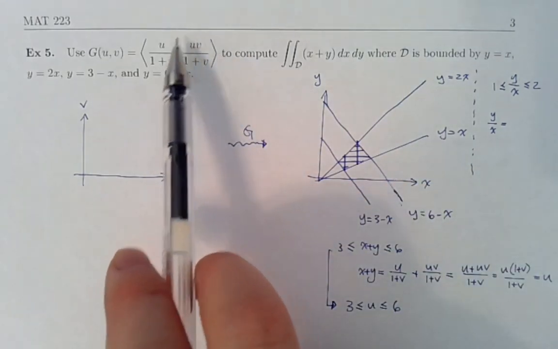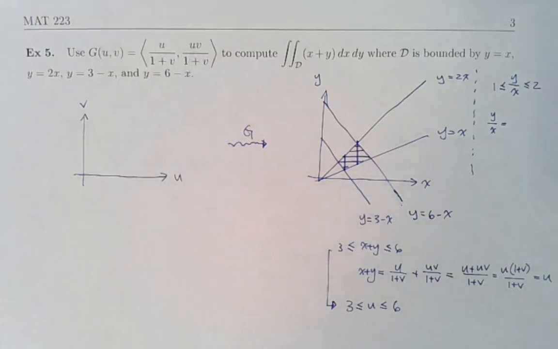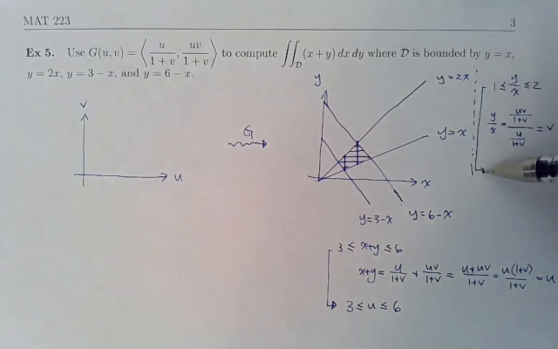This thing divided by that thing is just v. Maybe I'll write it out so you know where this is coming from. uv over 1 plus v divided by u over 1 plus v. So that's equal to v. So in other words, v is between 1 and 2.